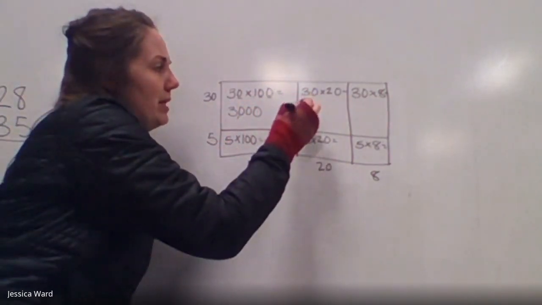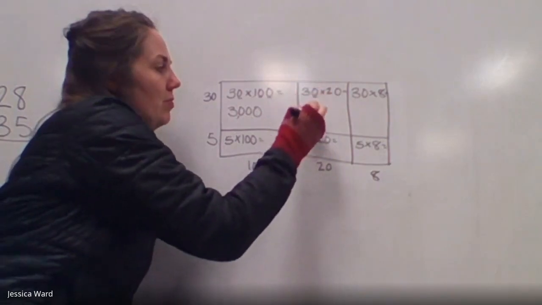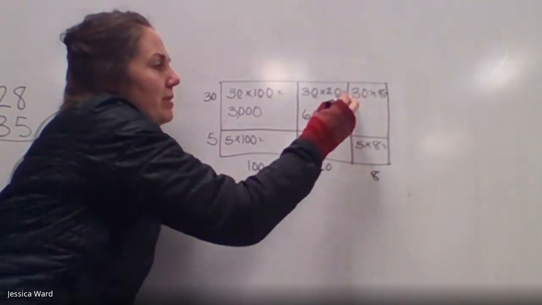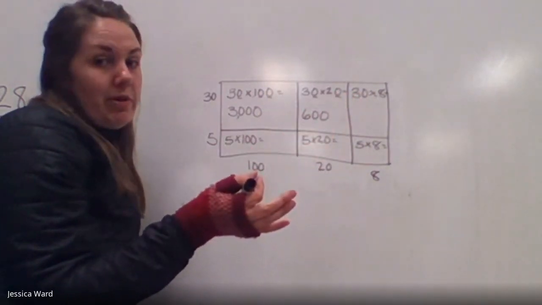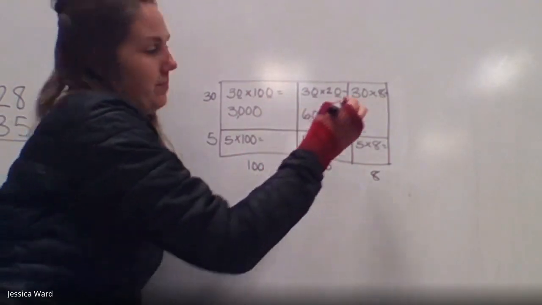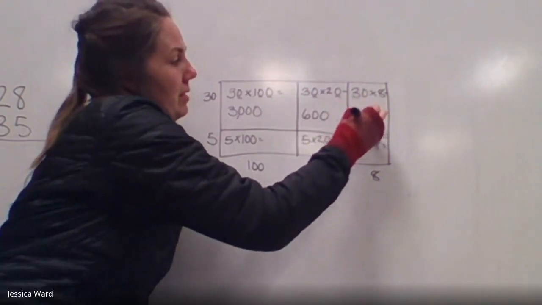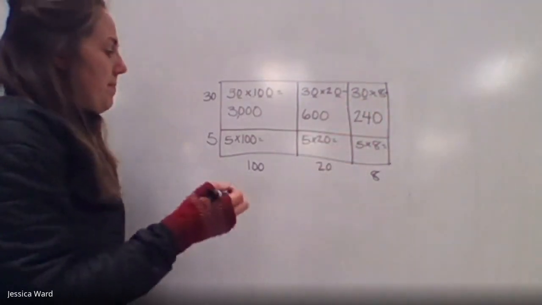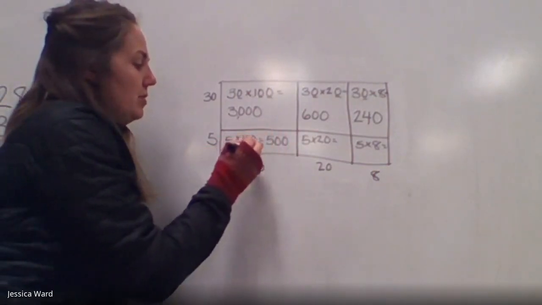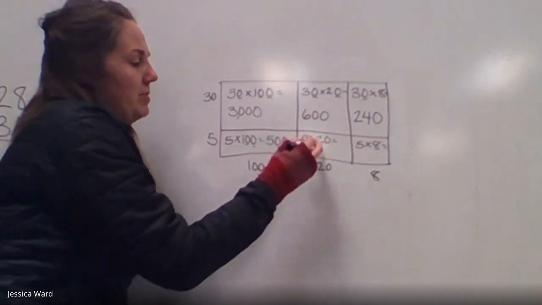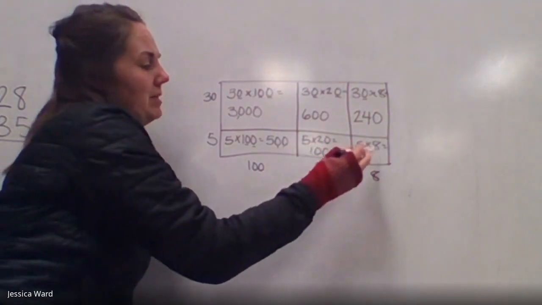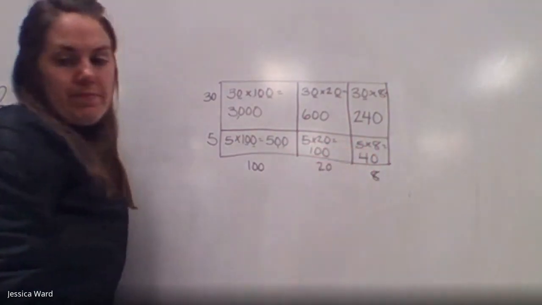I have 30 times 20, 3 times 2 would be 6, 2 zeros to be 600. 8 times 3, I know that 7 times 3 is 21, like I said before, so I'm going to add one more group of 3 to make it 24, add a 0 to make it 240. 5 times 100 would be 500, right? 5 times 20 is 10 plus 1 more 0 makes it 100. And 5 times 8 is going to be 40.